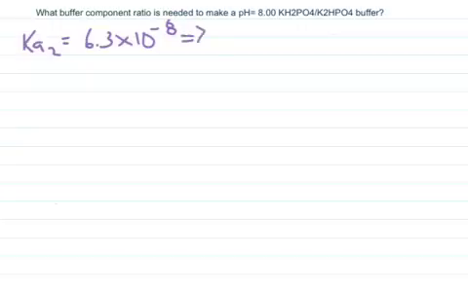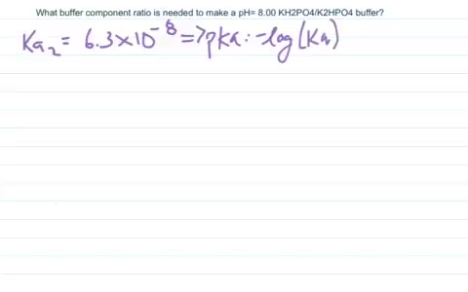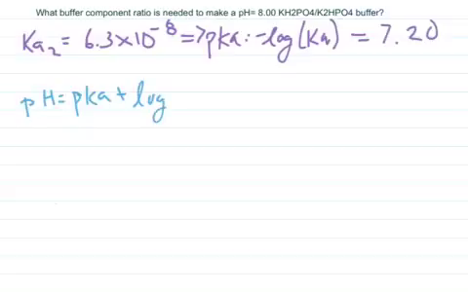I'm going to find its pKa by taking the negative log of the Ka, and I get 7.20. Now I'm going to use the Henderson-Hasselbalch equation, so pH is equal to the pKa plus the log of my base all over my acid.